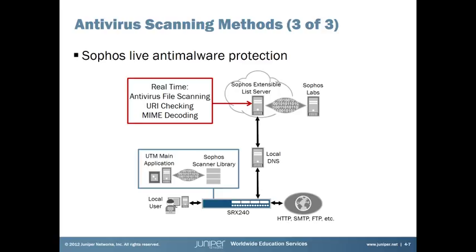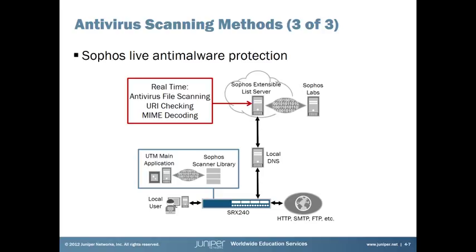And then we have Sophos Live Anti-Malware Protection as well: real-time antivirus scanning, URI checking, and MIME decoding. What happens is our device will access the online list of signatures, which is hosted by Sophos Labs.